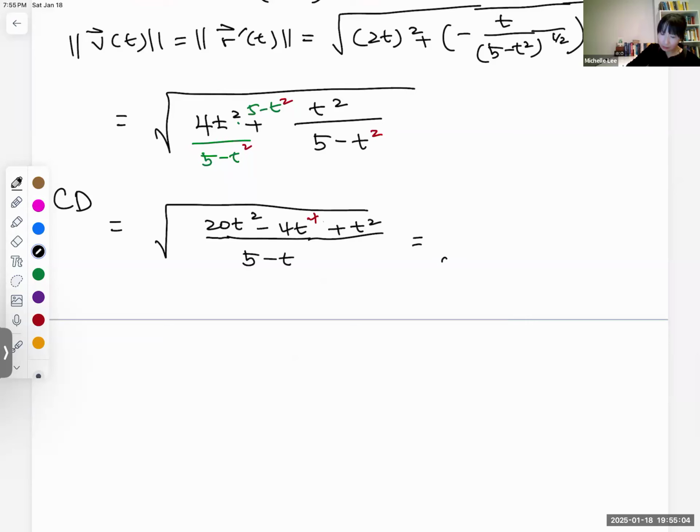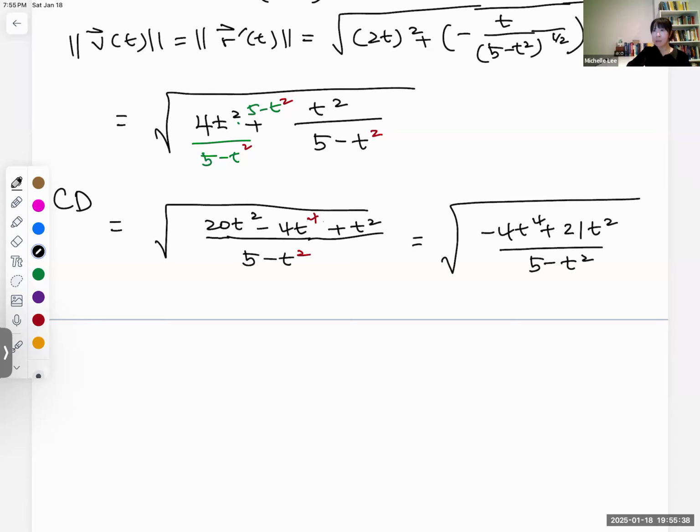The denominator has 5 minus t squared, and then the numerator, negative 4t to the fourth power and 20 plus 1, 21t squared, right? One t squared. So we cannot do anything. So we just leave it like this.